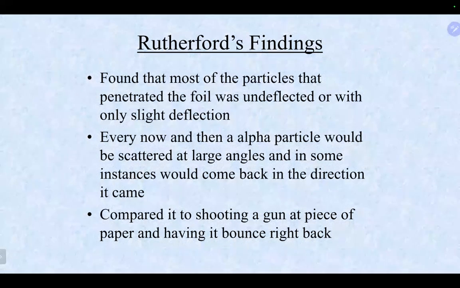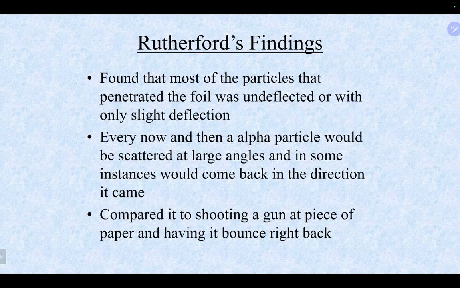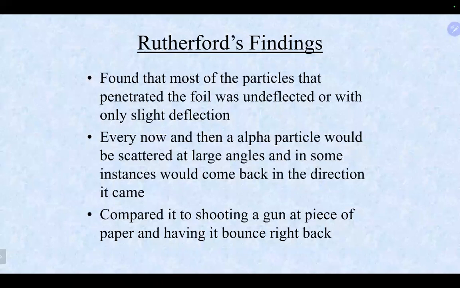So if we think about what they found, we could think about what happened. First off, the ones that went through pretty much undeflected, no problem. What did they hit? They most likely hit nothing, right? Like if I threw a pen or a ball straight across and it just goes straight across, doesn't move any which way, obviously nothing was in its pathway.